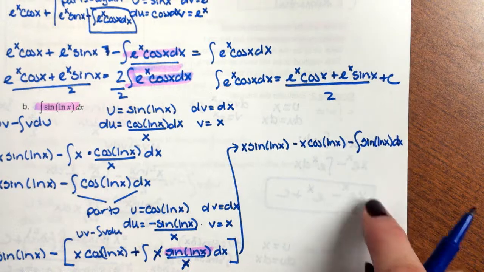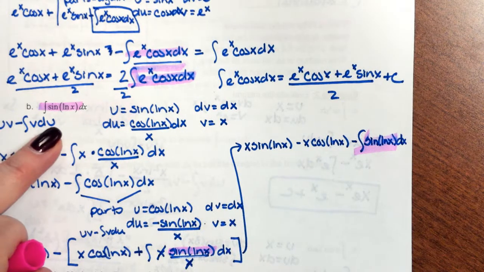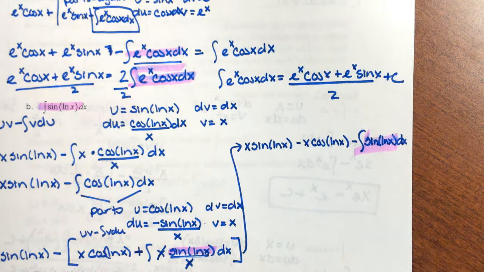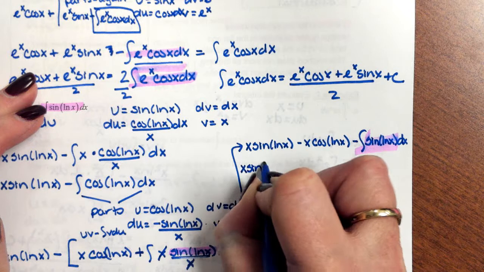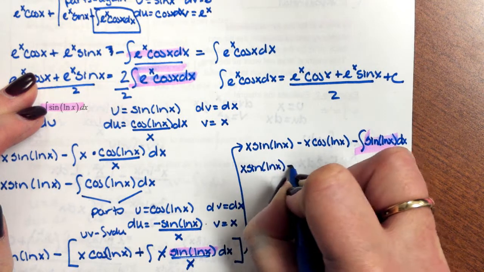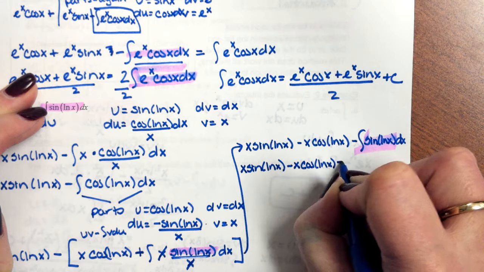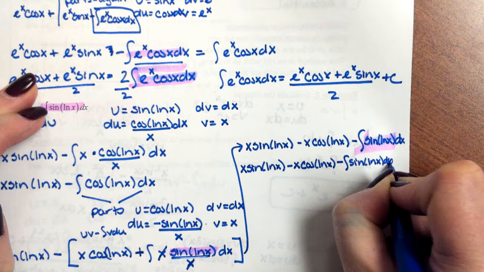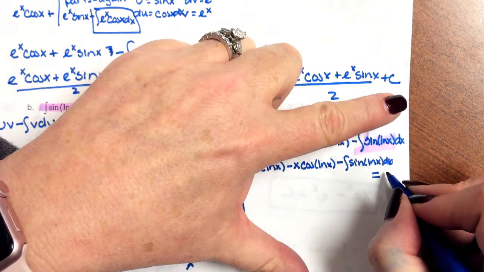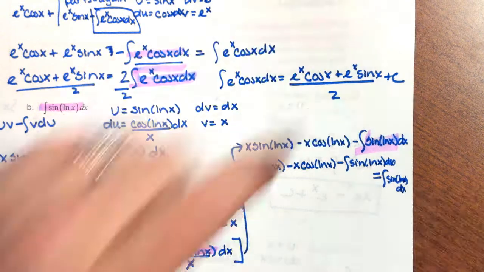So now, since I'm back to exactly the same integral as what I started with, what I want to do is isolate. I'm going to set this, so x sine of the natural log of x minus x cosine of the natural log of x minus the integral of sine of the natural log of x dx is all equal to my original integral, the sine of the natural log of x dx.